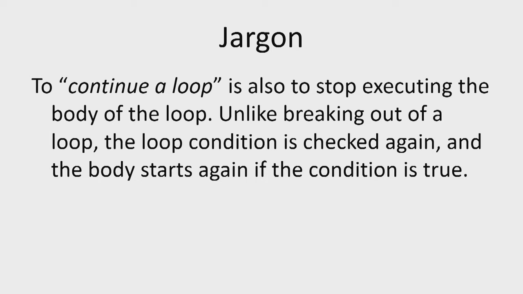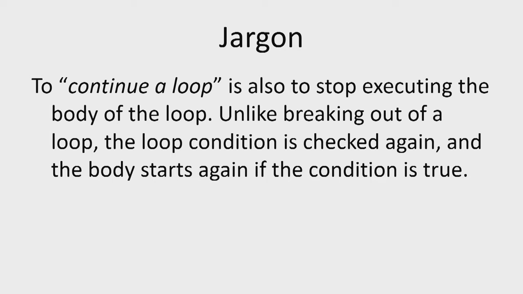Unlike breaking out of the loop, when you continue, the loop condition is checked again, and the body starts again if the condition is true. So essentially, break means skip the rest of the loop body and don't check the condition again. Just keep on going. And continue means skip the rest of the loop body, check the condition again, and then if the condition is true, enter the body of the loop.